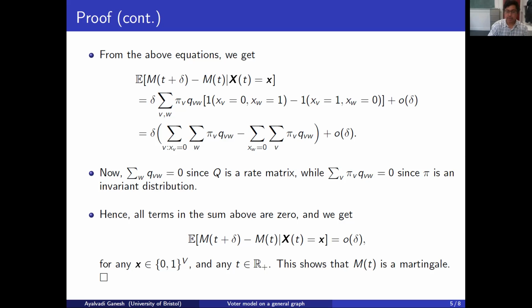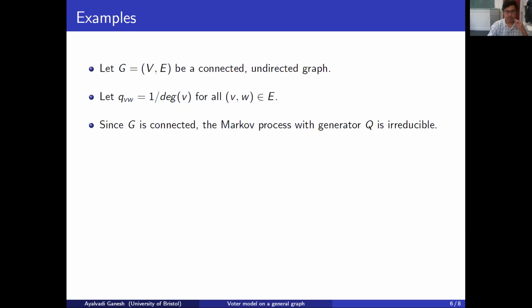And now we are going to use this fact to work out the probability that the voter model reaches consensus on the all-one state, let's say. But before that, let's work through a couple of examples.